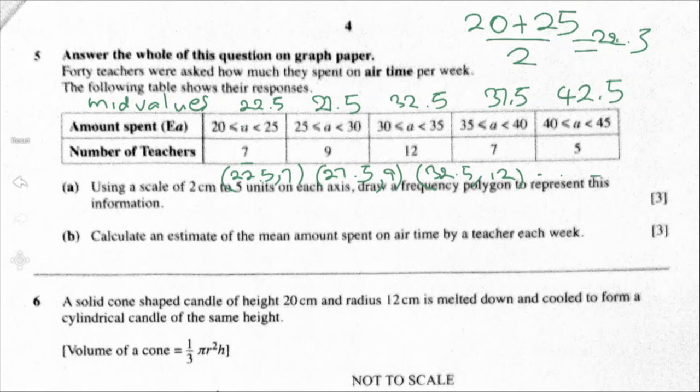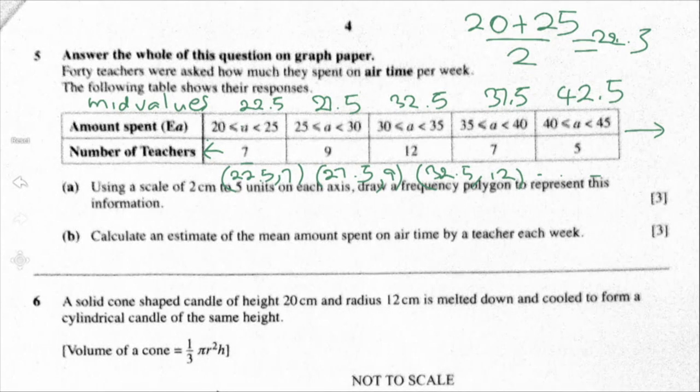But our graph must touch the x-axis. So we can add 2 points. We'll add one point on this side, and another point just below 20. Looking at the group interval, it is 5: from 20 to 25 the range is 5, and from 25 to 30 the range is 5 throughout.